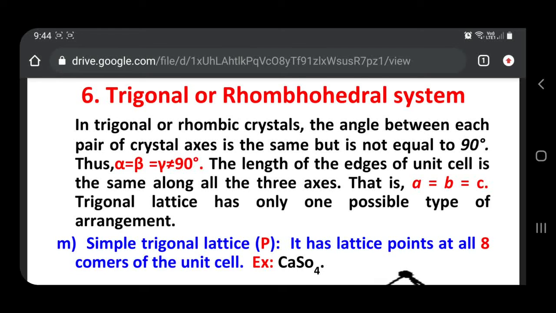Okay, the angle between each pair of crystal axes is the same but is not equal to 90 degree, but the interfacial angles are equal to one another but other than 90 degree. So three lengths of unit cell equal, A is equal to B, that's equal to C, but the angles are equal to one another but not equal to 90 degree.